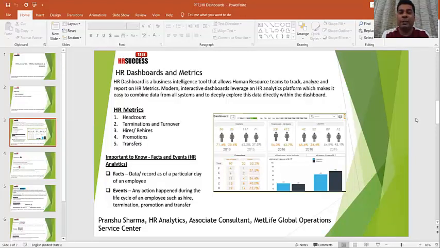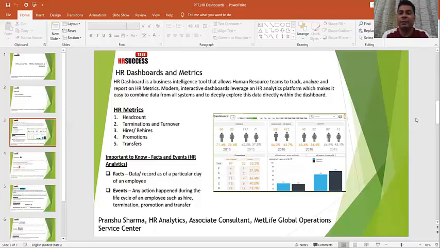Before we get into the HR metrics, I would like to talk about some key elements which are very important in HR. One is facts and the second is events. Facts is basically where the data or record of a particular day of an employee can be fetched from the tool which you use in your organization. For example, if you want to see a headcount as of 1st January 2021, you would require a date, so it is considered a fact.